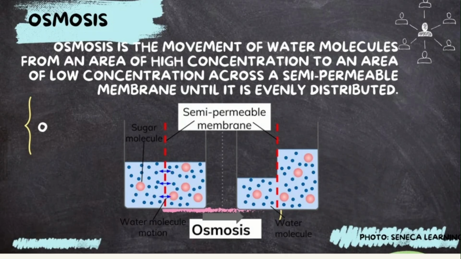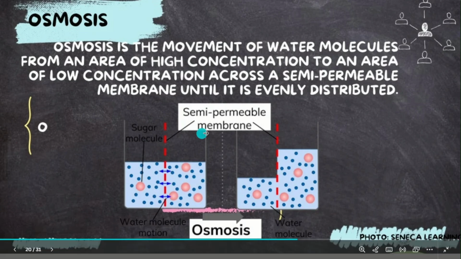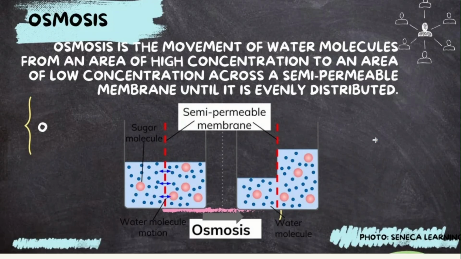This is the biggest difference between diffusion and osmosis: one, it's happening in water, and two, it is going across a semi-permeable membrane, as you can see right here, but it's the same concept, high concentration to low concentration, right?